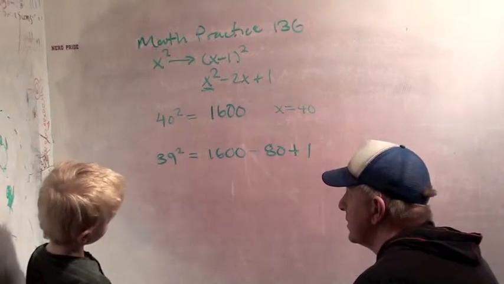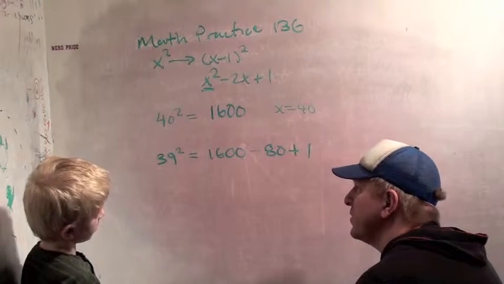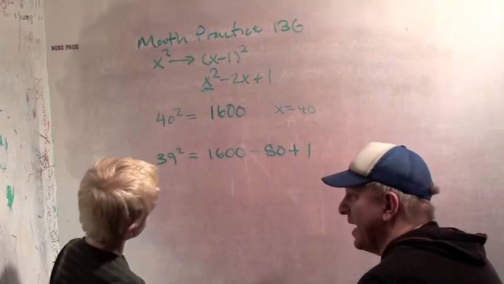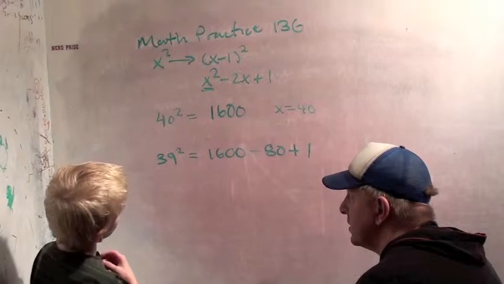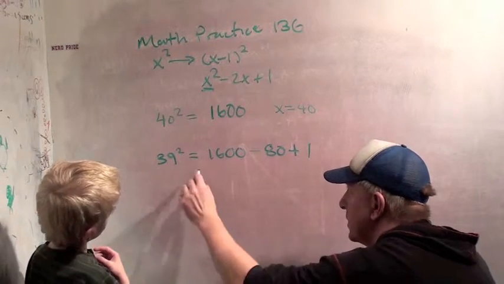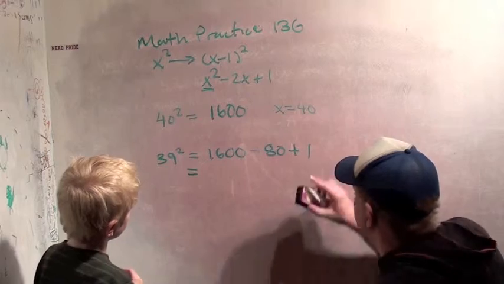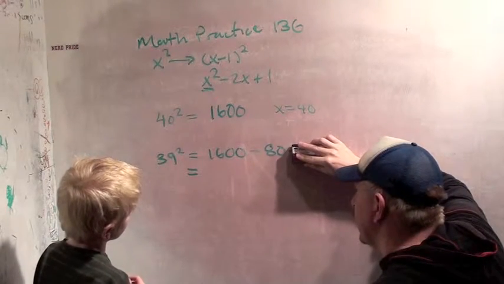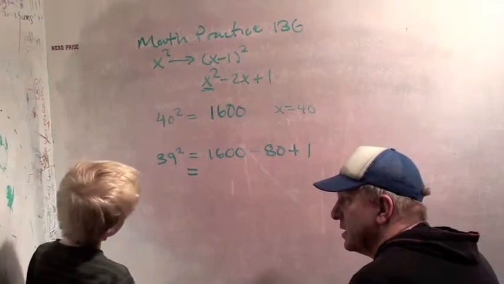So what is 1600 minus 80? Let's just focus on that for a second.